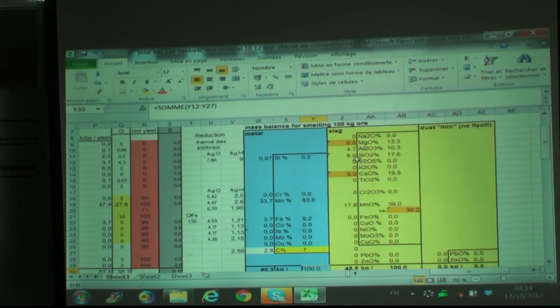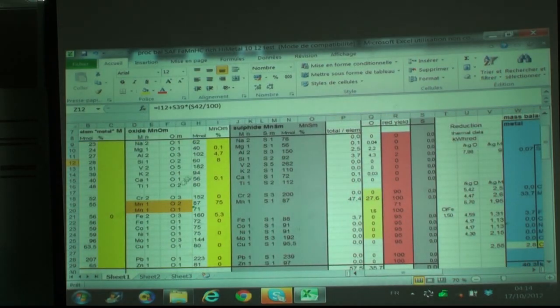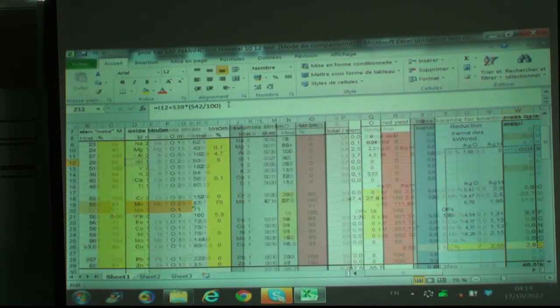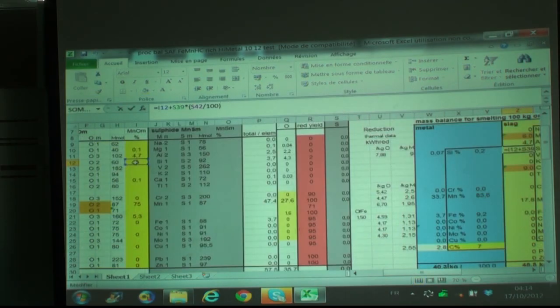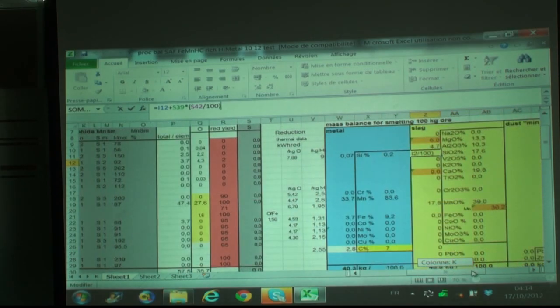Okay, now move to the slag. Now for SiO2, how is it calculated?